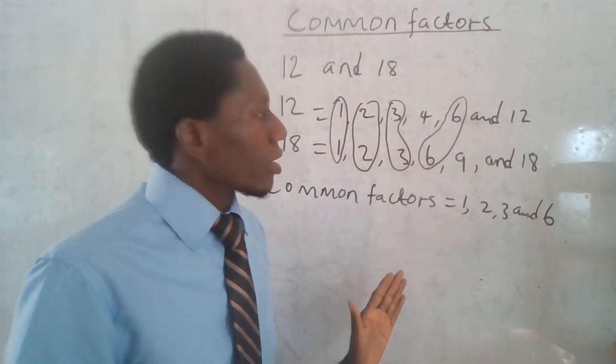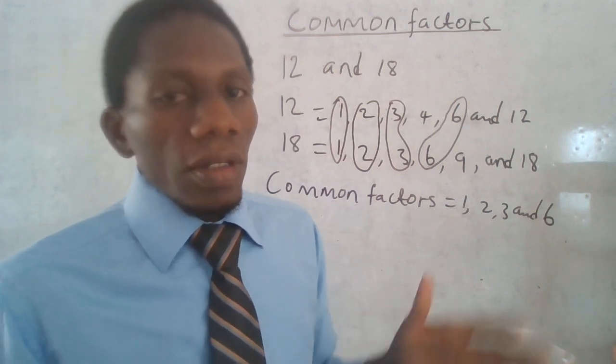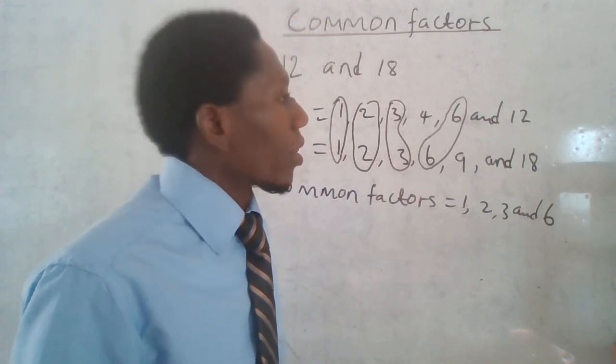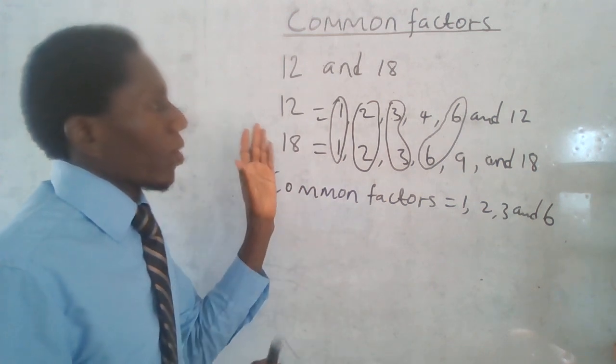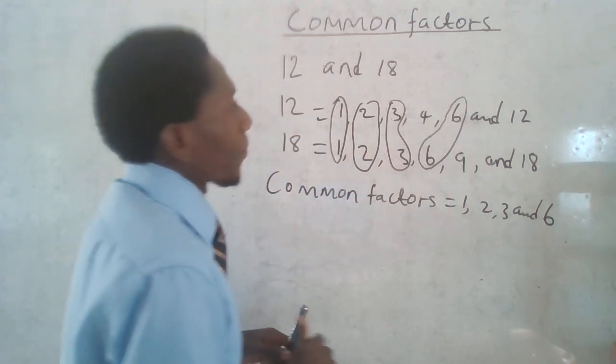So these numbers are the common factors of 18 and 12. All right. So this is what we say common factors. All right.